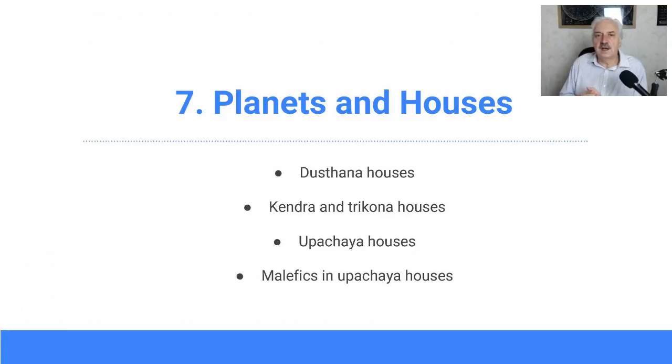And Upachaya houses is a very interesting concept in Jyotish, because normally you wouldn't want to have a malefic planet anywhere. You don't want to have malefics at all. But there are certain houses in the chart which are good for malefics. It is said, if you have a malefic in the 6th or in the 10th, say, or in the 11th house, then it will work well for you.